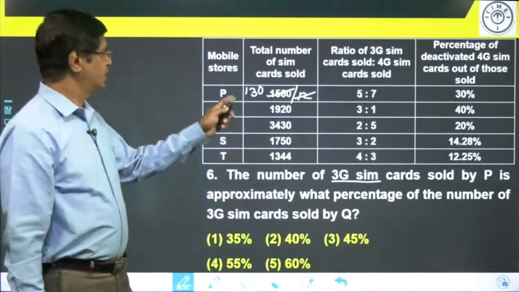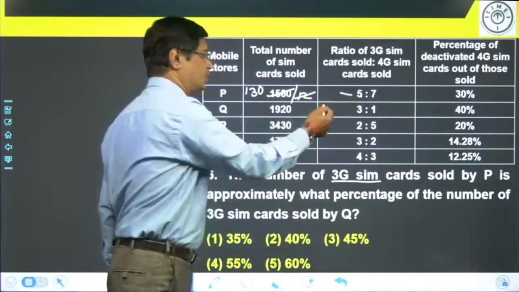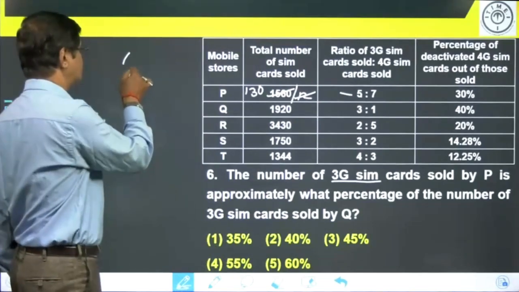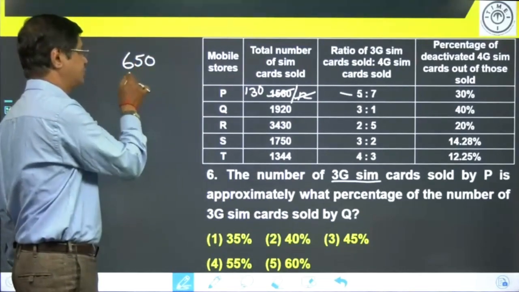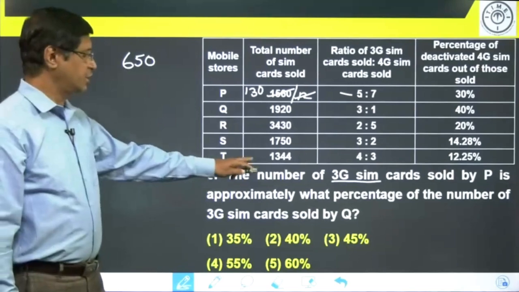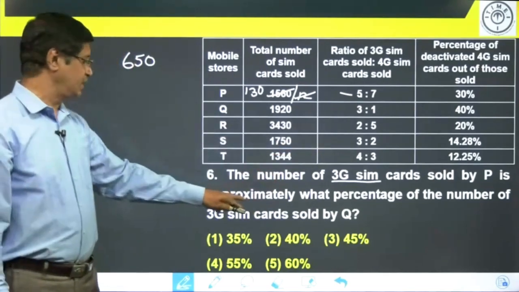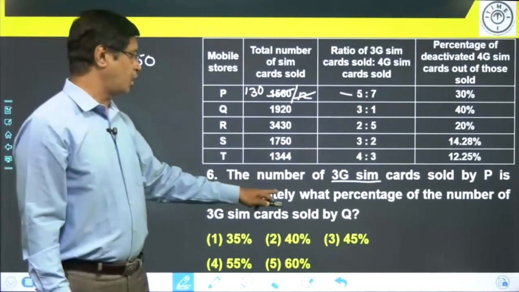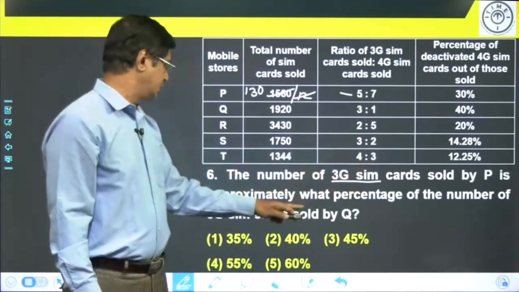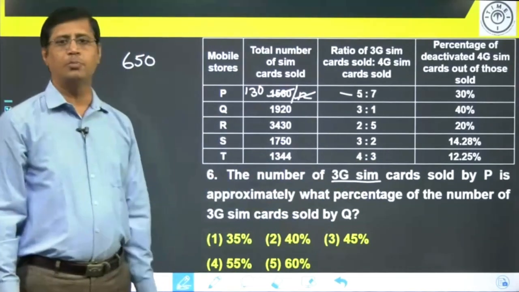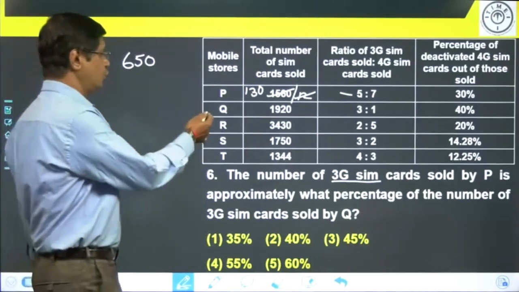13 times. 13 into 5 is equal to 65. So the result is 650. Now the number of 3G SIM cards sold by P, that is 650, is approximately what percentage of the number of 3G SIM cards sold by Q? Now for Q we need to find out.